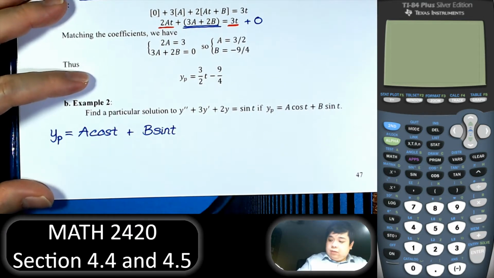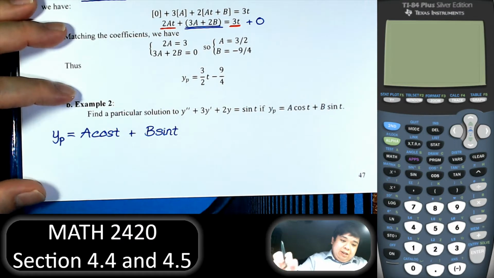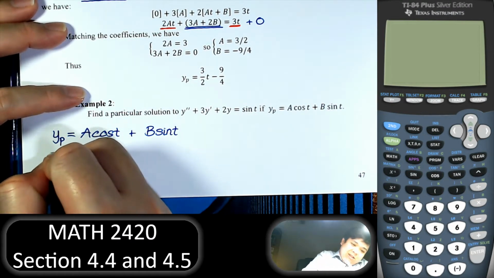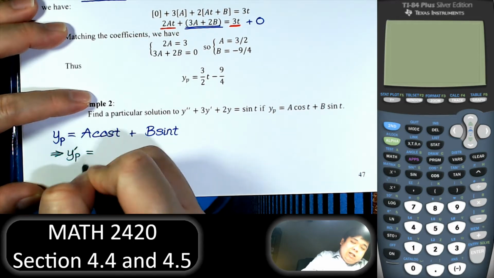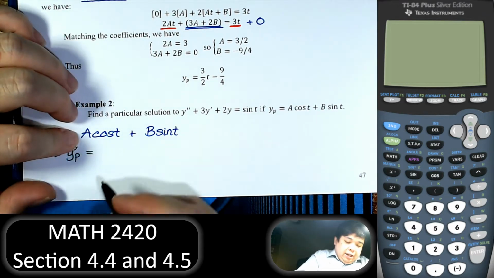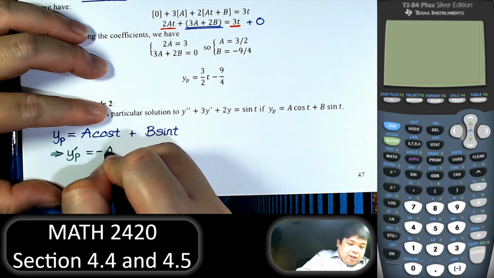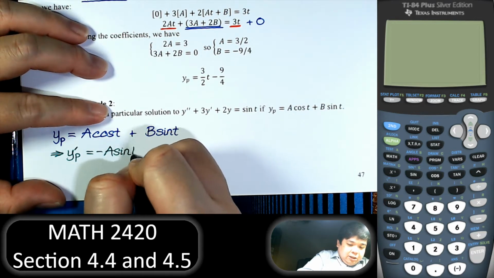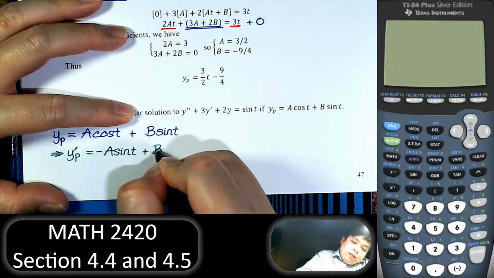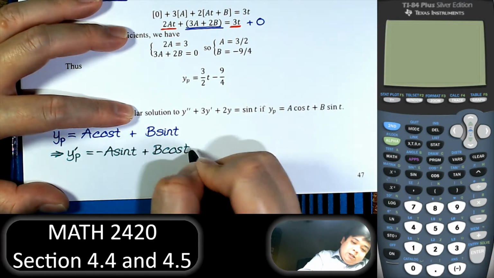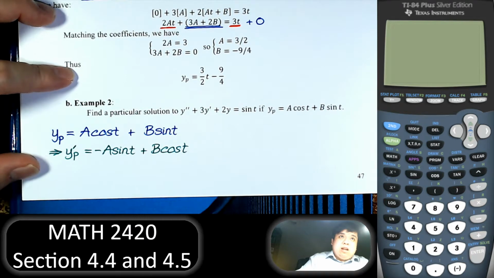Alright, we'll check the derivative. The derivative of a cosine t is negative a sine t. The derivative of b sine t is b cosine t. So that's the first derivative.